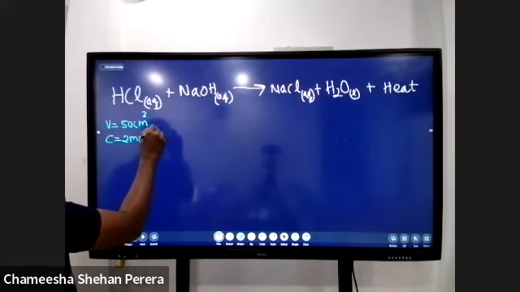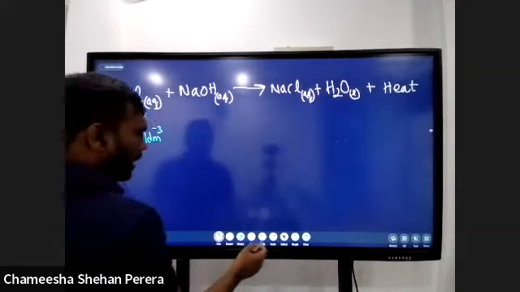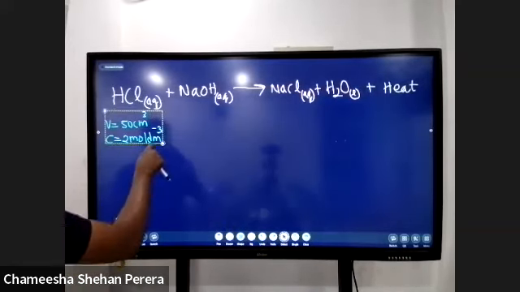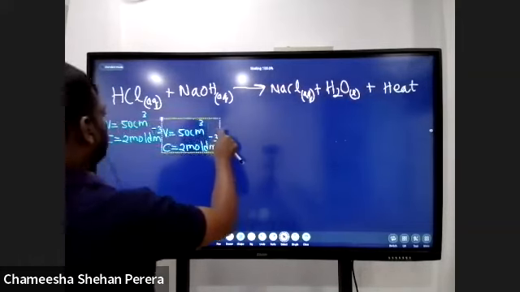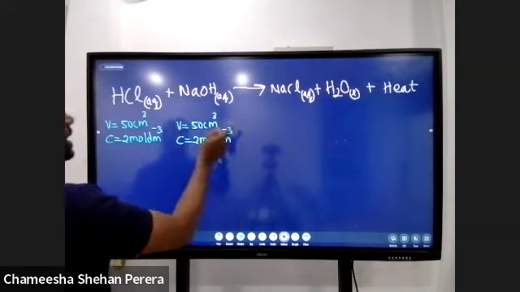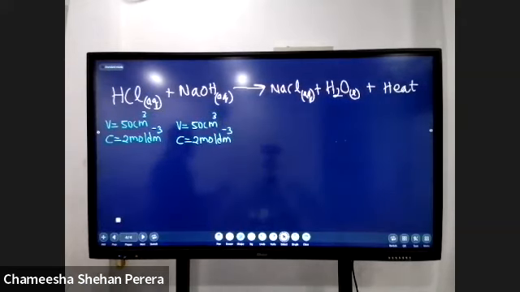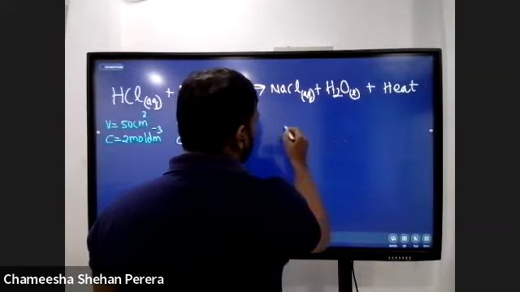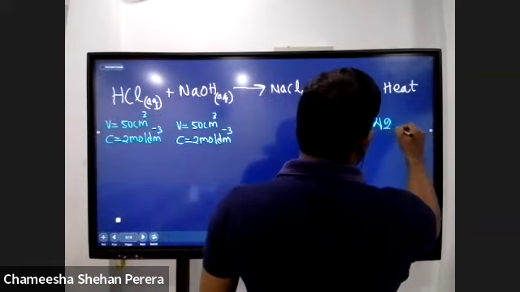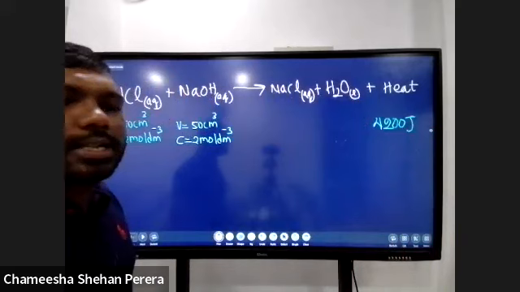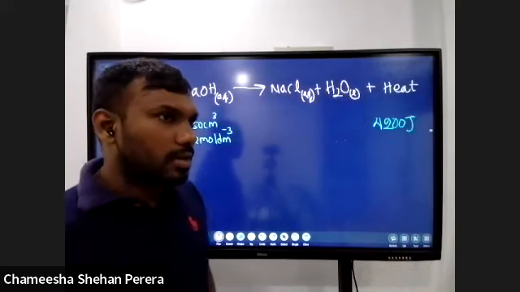That's what I did, right? The same concentration and the same volume of NaOH was also used. And then when they reacted, I obtained heat of 4,200 joules. The amount of heat released to the external environment was 4,200 joules.